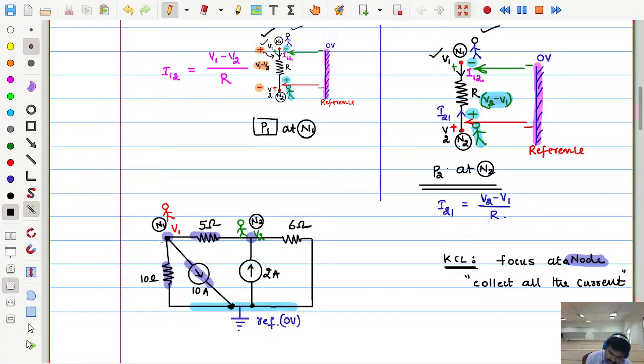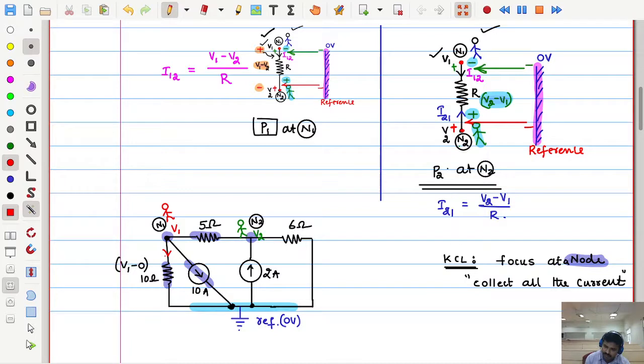Now, how much is the voltage across this 10 ohms? Can I say in this way, V1 minus 0? V1 minus 0 is the voltage across 10 ohms, or simply V1. Then if that is the case, how much is the current through this resistor?